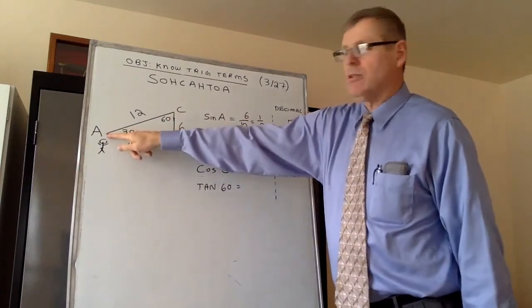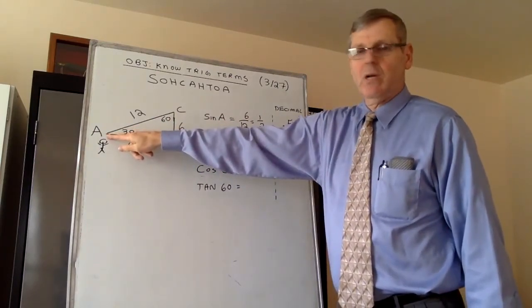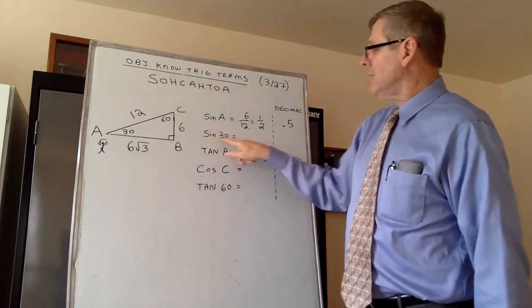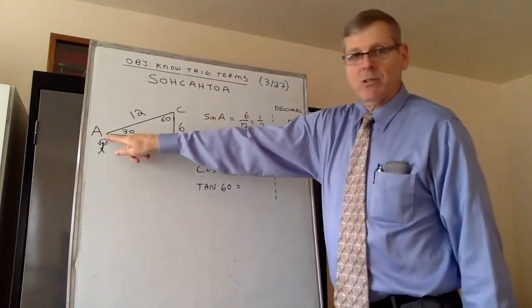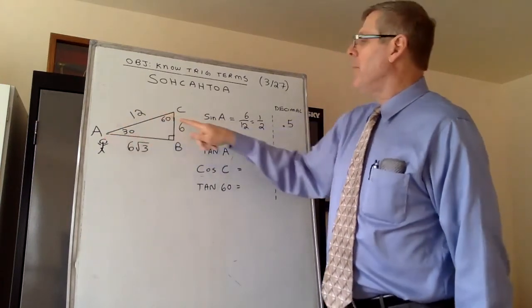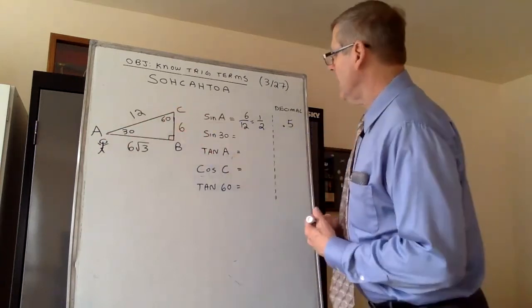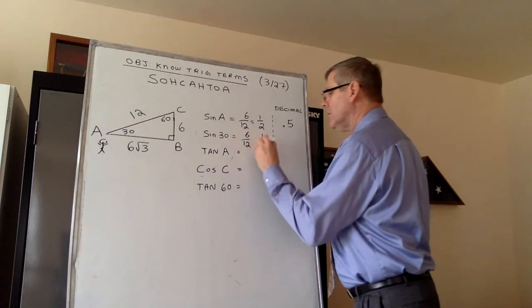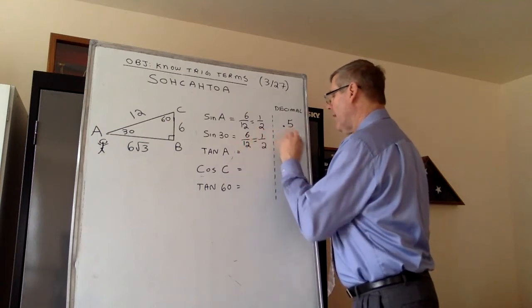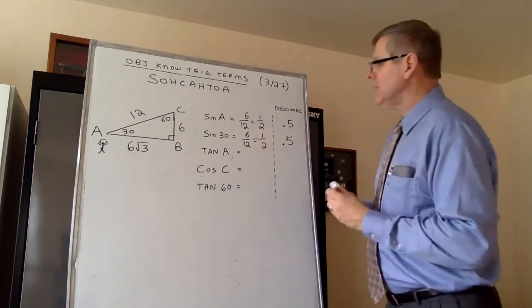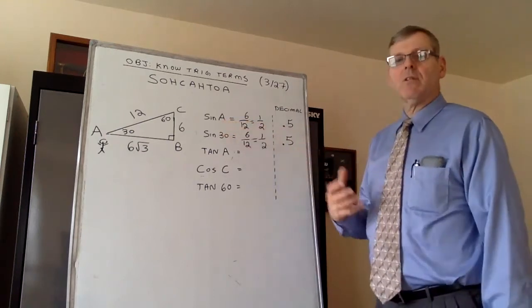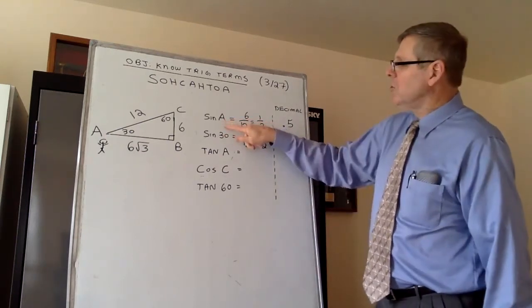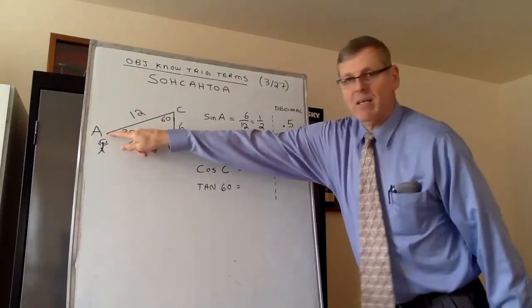Either way, you're standing at the same point in the triangle. So if I was to take the sine of 30, I'm still standing here. My opposite over hypotenuse is still the same. It's still 6 over 12. Okay, so this is still 1/2, 0.5. What I want you to realize is this is two ways of asking for the same thing. In other words, it's two ways of telling you to stand here.